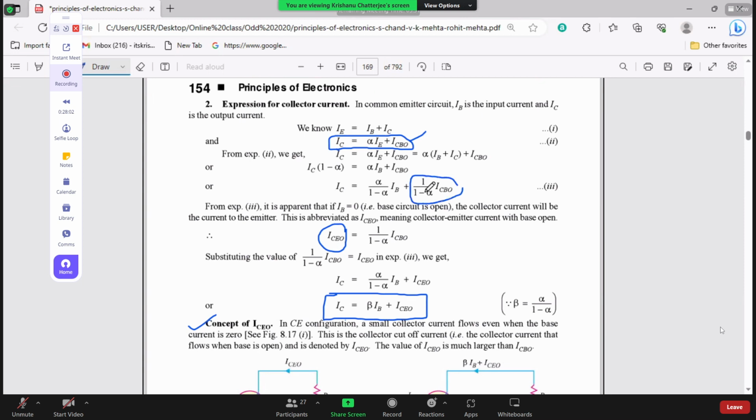So IC equals this one, and that IC is due to the minority carriers flowing in the collector emitter junction, and that is why we call that one ICEO, collector emitter with base open, and that in terms of ICBO is 1 by 1 minus alpha times ICBO. This 1 by 1 minus alpha ICBO is said to be ICEO.